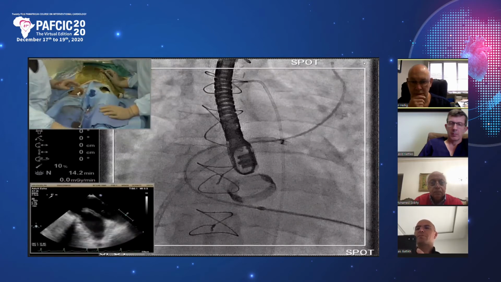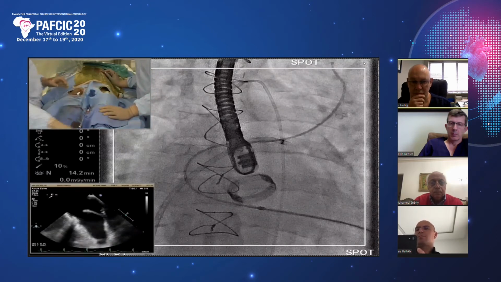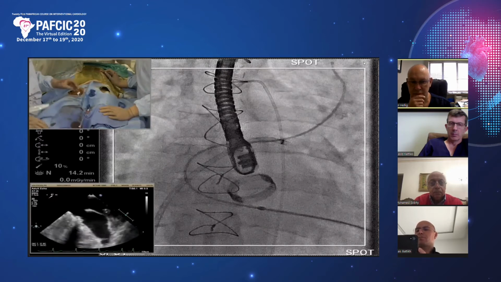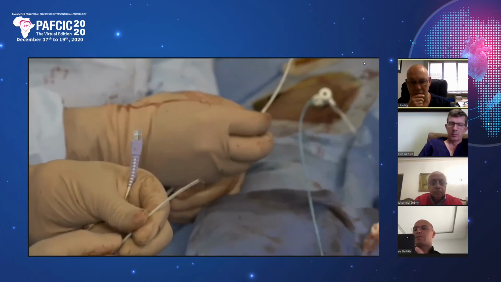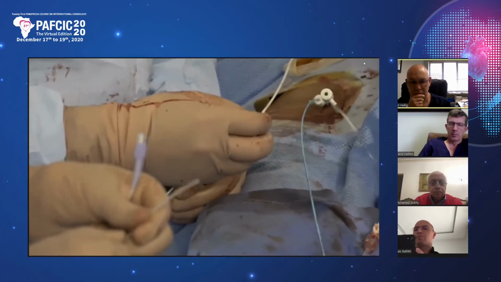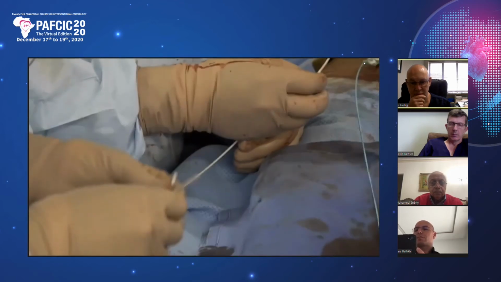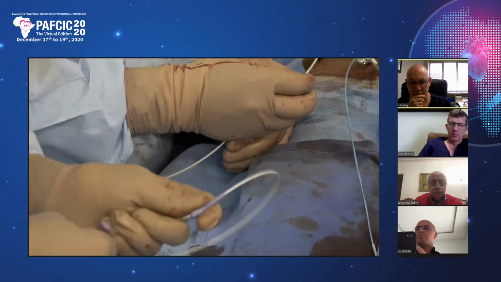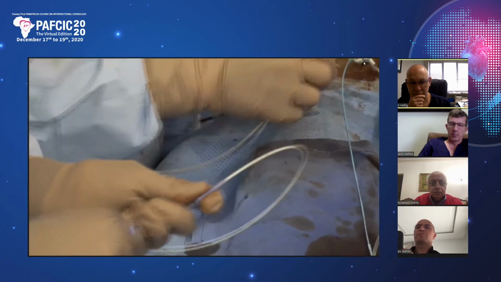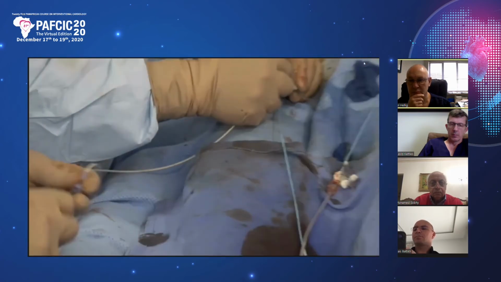And we are going to snare a Terumo wire and pull the whole system through the transeptal sheath. Okay, so Ralph's going to load the snare into its own catheter. And I'm going to put the catheter into the transeptal sheath.